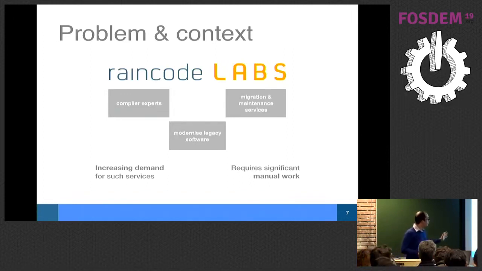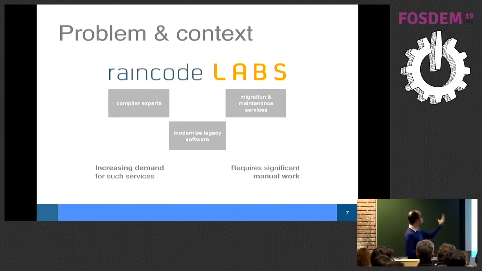But one of the problems is that today what Raincoat people are doing is pretty much manual. So they are doing everything manually without any IDE or any tool support. And for example, just to understand the complexity of what they are doing, in some cases they are trying to replicate the behavior of a compiler without running the compiler.